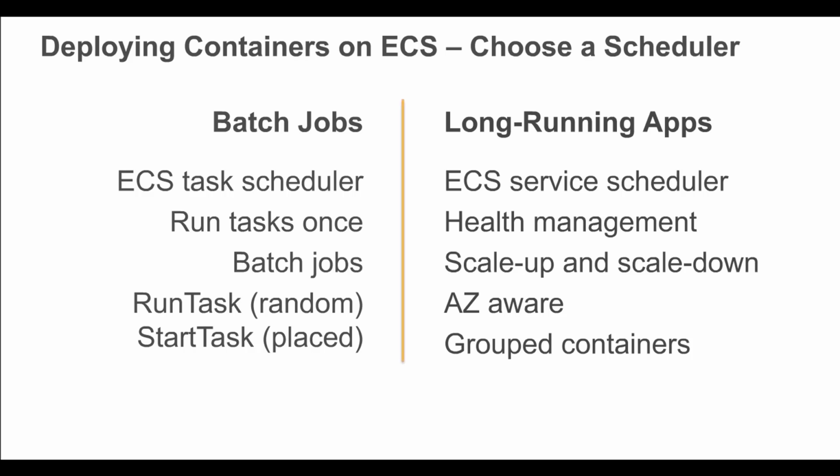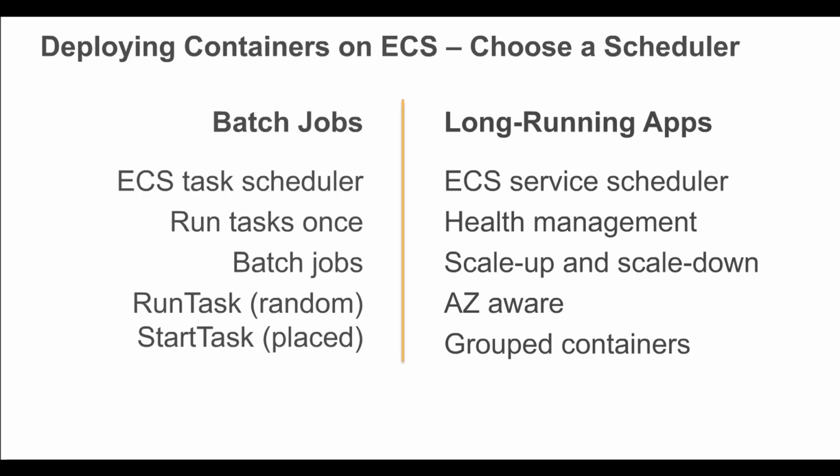There are two major types of microservice app workloads that we are seeing with our customers. First is long-running apps, for example a video watching app or a service that stays alive. It scales up and scales down based on load. The other use case we have seen is batch jobs.